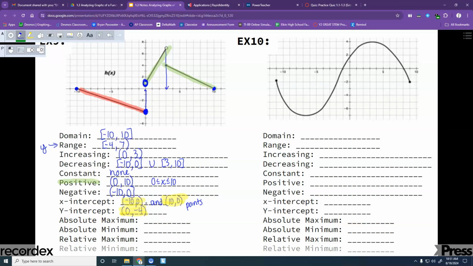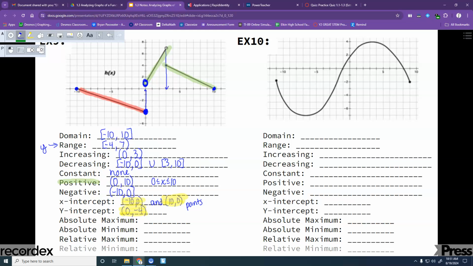Okay? What is our absolute maximum here? What's the highest point on this graph? It's at 3,7, sort of, but what's there at the 3,7? Open circle. So you want to say 7 is the highest number, but do we ever actually get to 7?